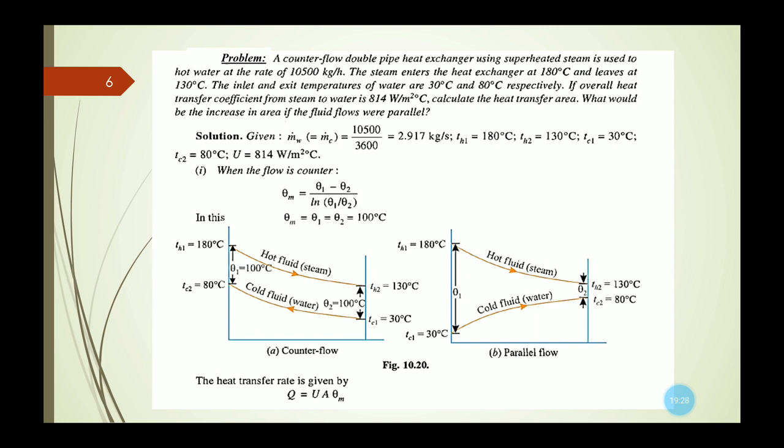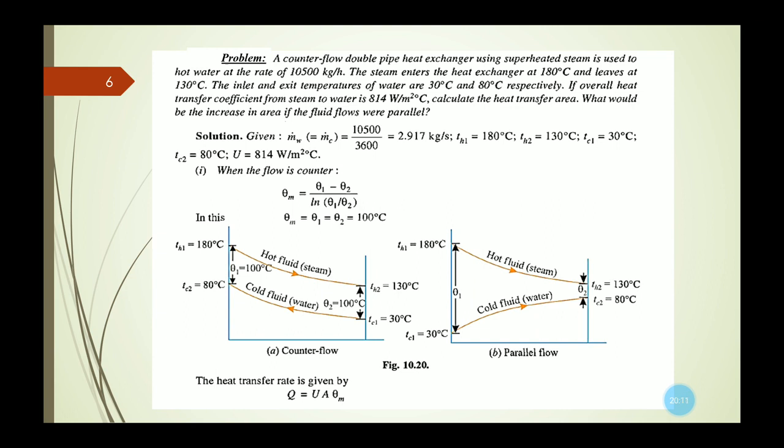Here you can see the counterflow, and in this diagram TH1, TH2 and TC1 and TC2 are given. The overall heat transfer coefficient is also given, 814 watt per meter square degree centigrade.